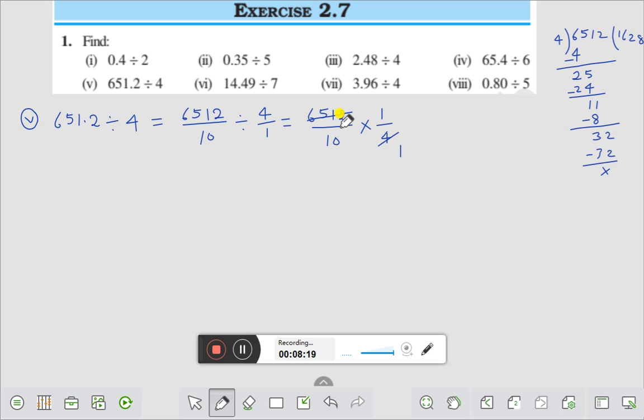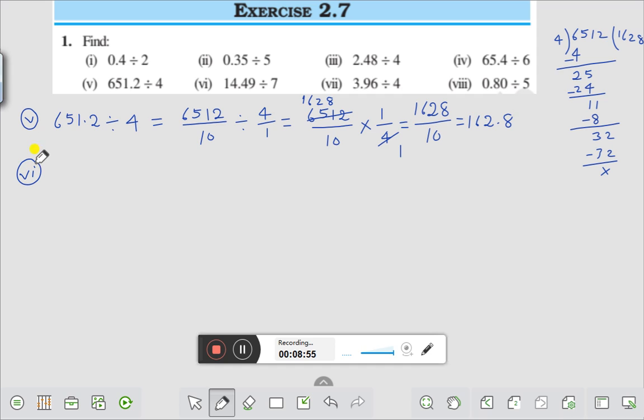Therefore, we are getting 1628. If we multiply with 1, we are getting 1628 by 10 into 1 is 10. If we divide this number by 10, the point will shift towards the left side one step, that is 162.8, right?